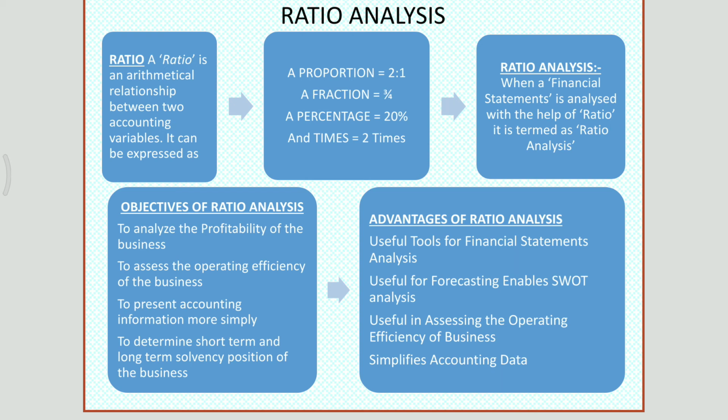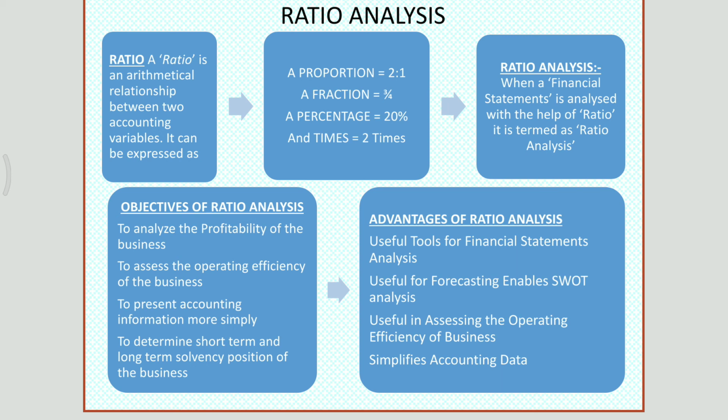It also helps us to forecast and enables SWOT analysis. SWOT analysis means analysis of strengths, weaknesses, opportunities, and threats. It is also used for the operating efficiency of the business.